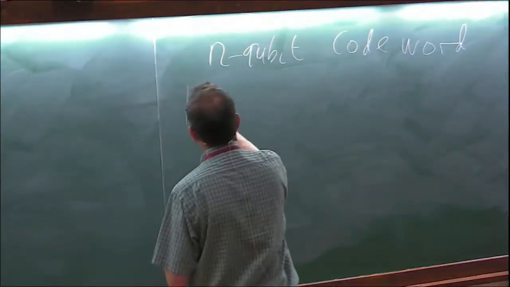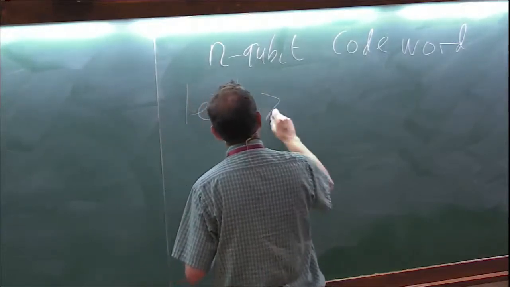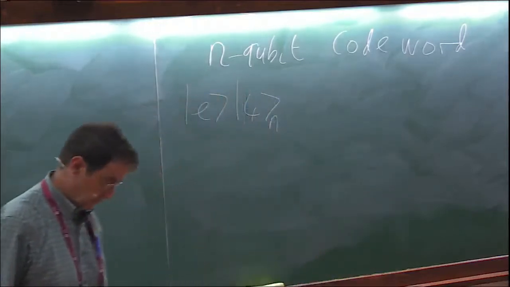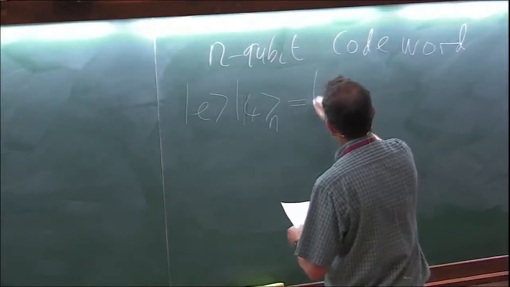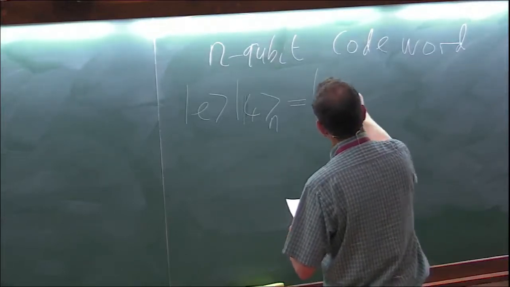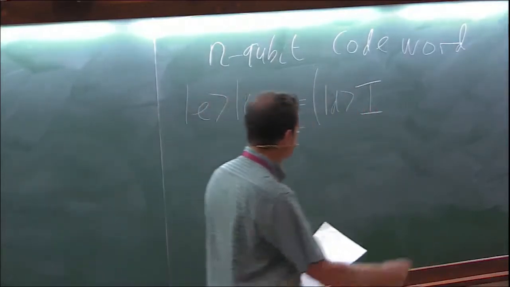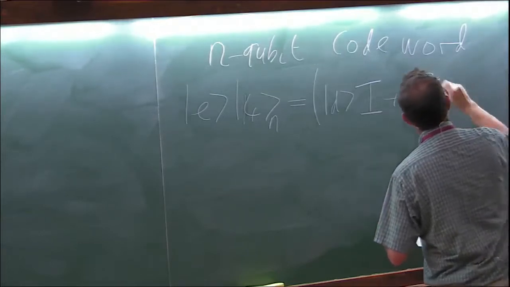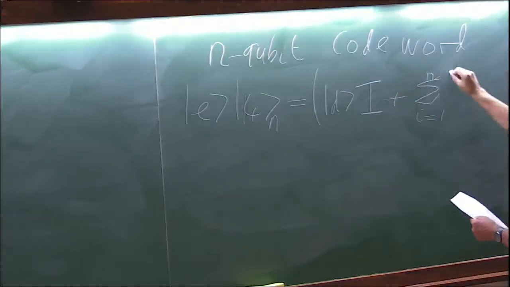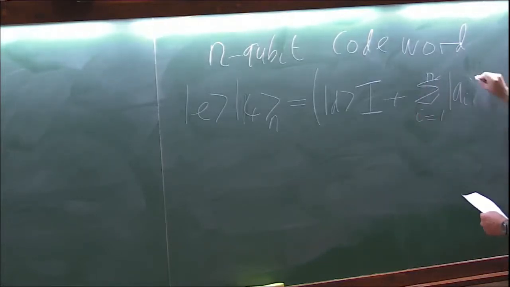So we have a state of the environment, and we have a state of n qubits in our code word. So what errors can appear? Well, first of all, the first term, there's no error, the identity. And then each of the n qubits can be flipped with X for that qubit.